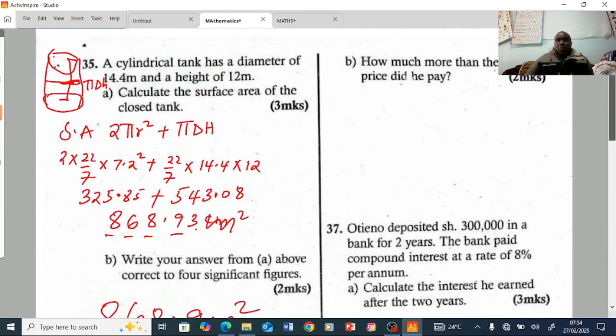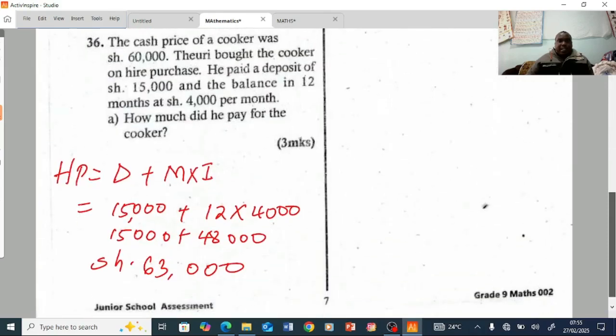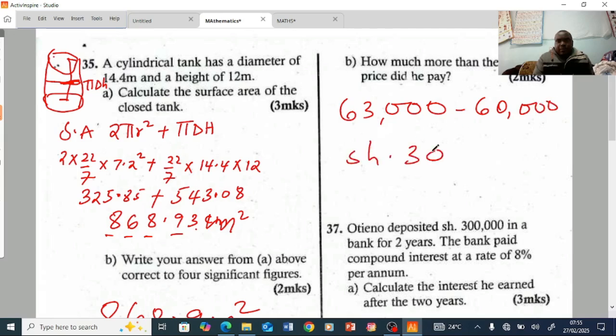How much more than the cash price did he pay? The cash price was 60,000 and this one is 63,000. So it is 3,000 more.